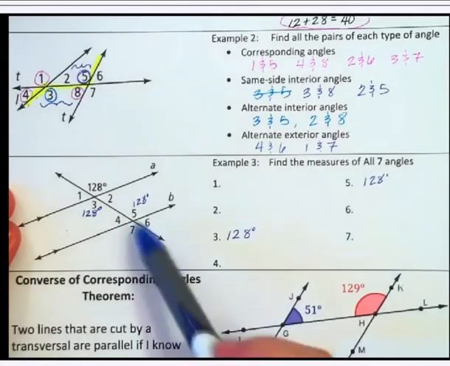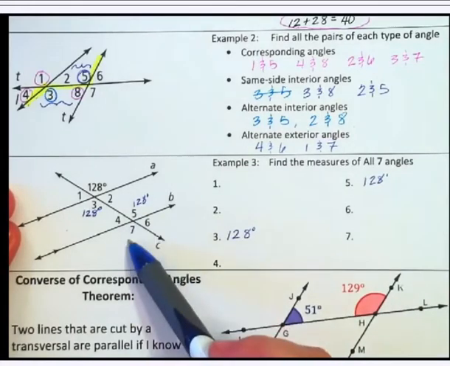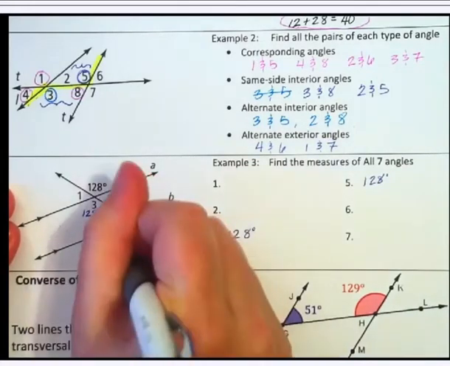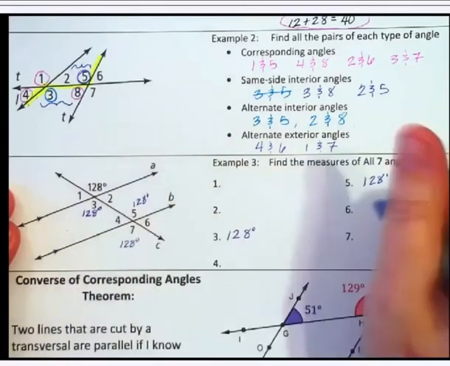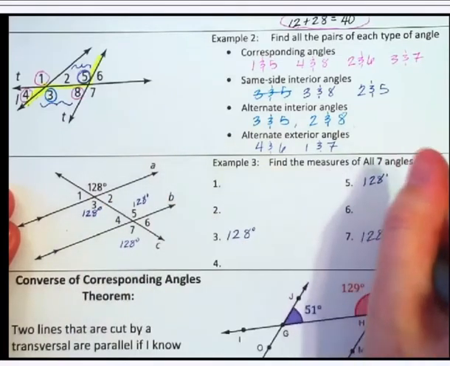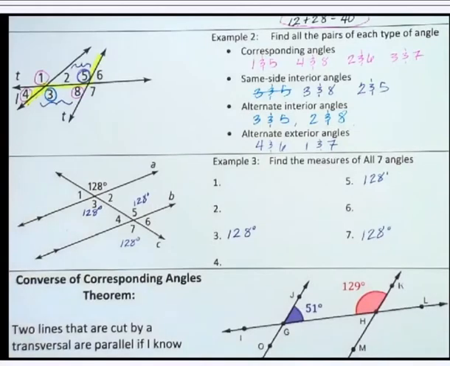And now I see angle 5 is a vertical angle to angle 7. So that's also 128 degrees. So I found half my angles without doing any math. I just had to use the vocabulary.